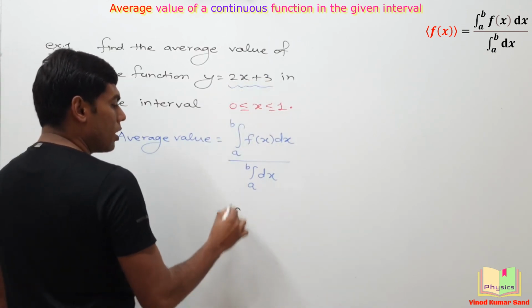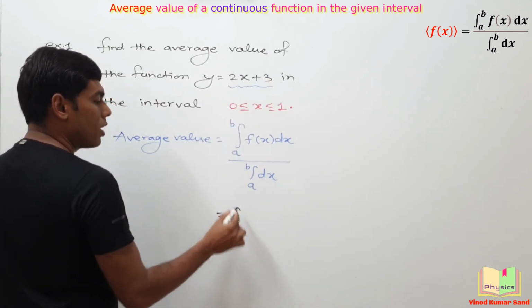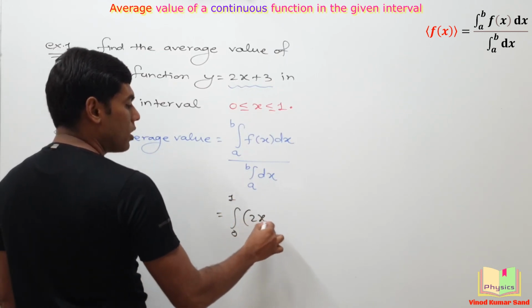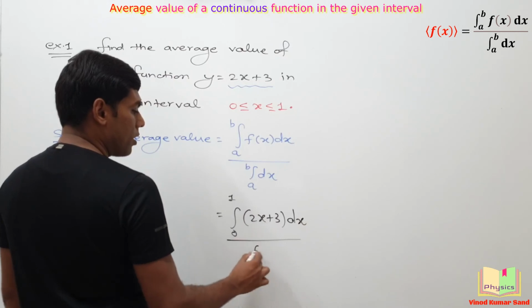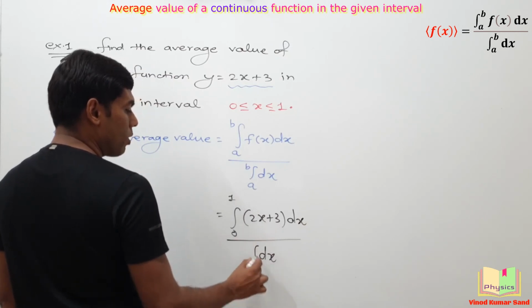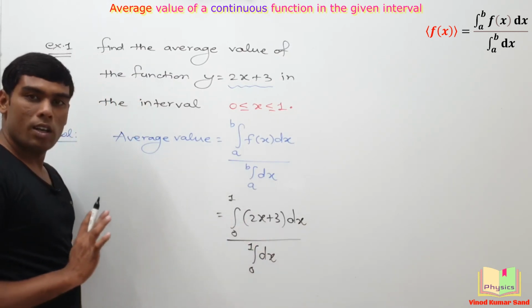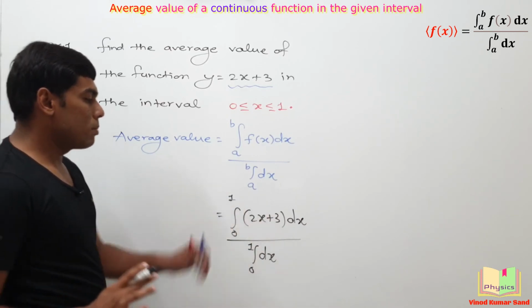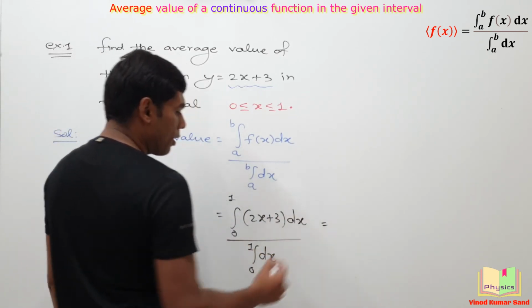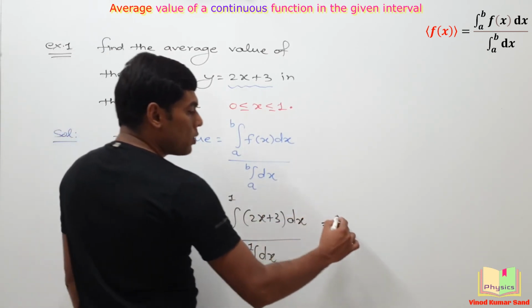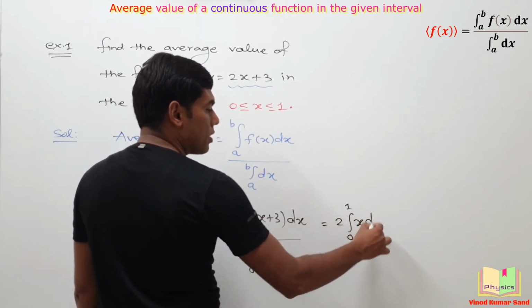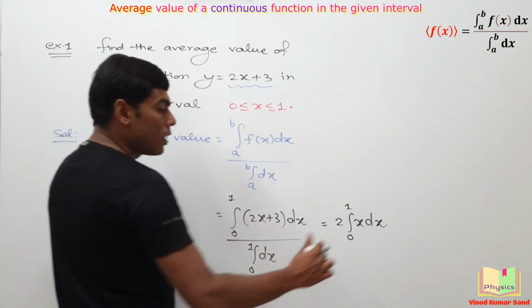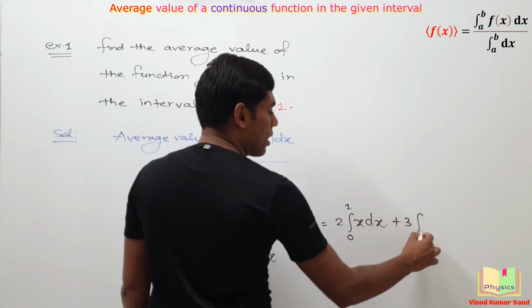So lower limit is 0, upper limit is 1, function is 2x plus 3 divided by the integration of dx and the limit is from 0 to 1. Okay. Now we need to simplify this thing. I am doing the calculation here. 2 is a constant, so I am taking it outside. 0 to 1 x dx. Do you agree? Plus 3 is a constant, taking it outside.